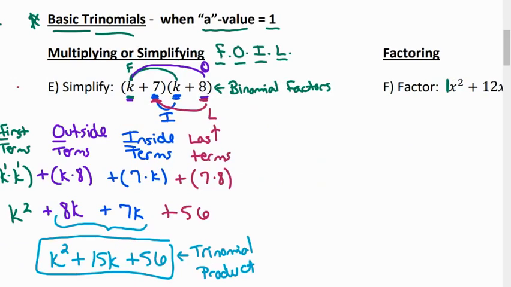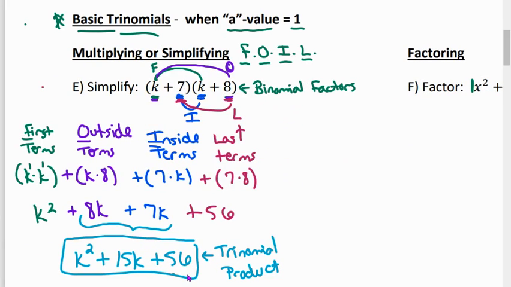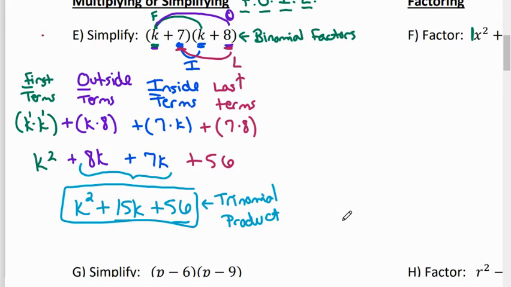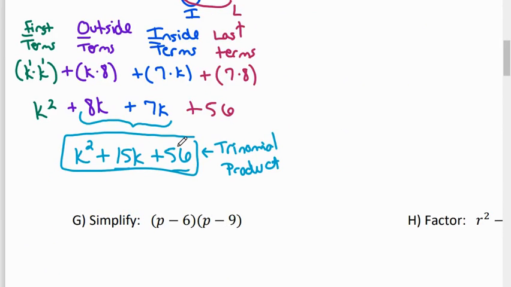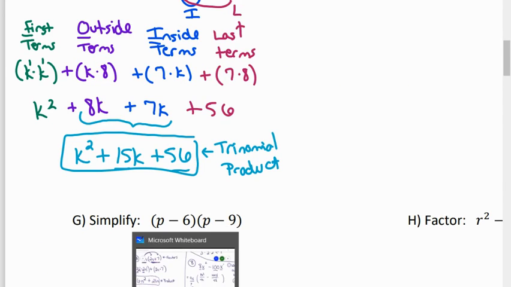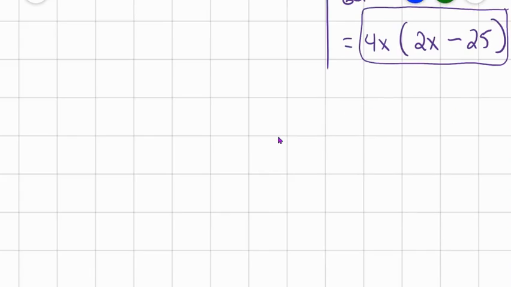So in order to do that, it helps to understand where the numbers came from. So if you're given this trinomial and you had to factor it, I'm going to go back over here to my white screen.